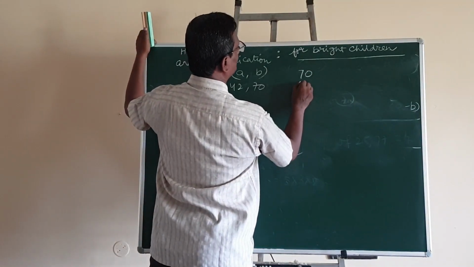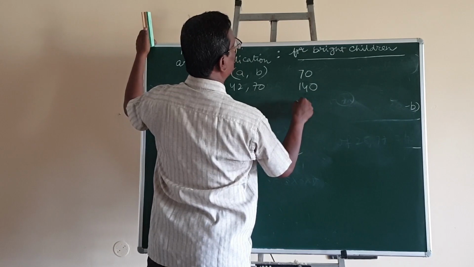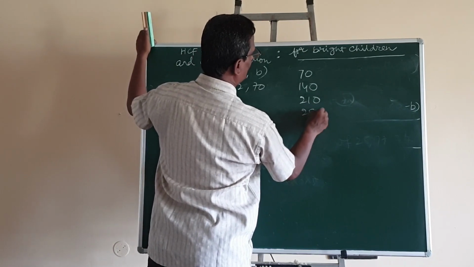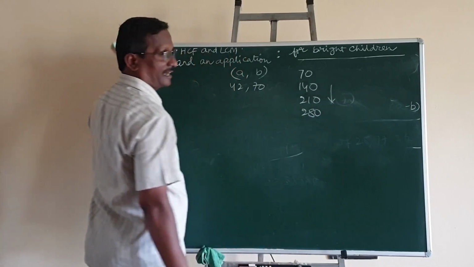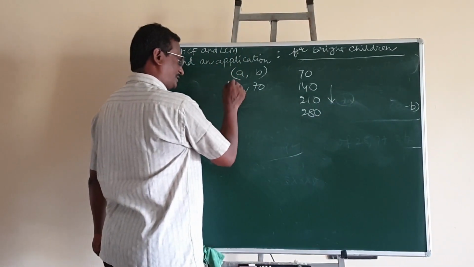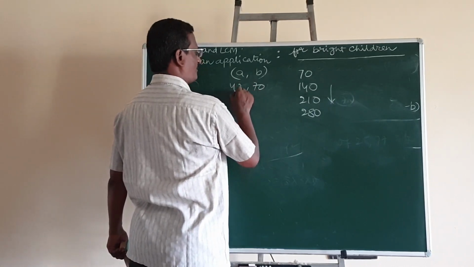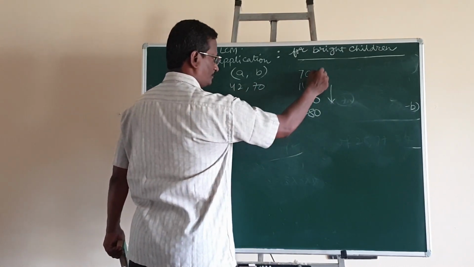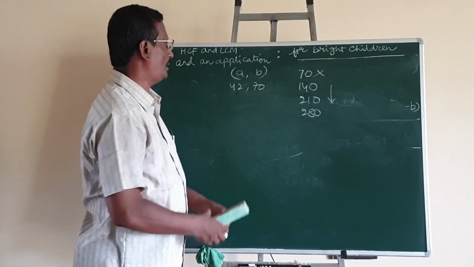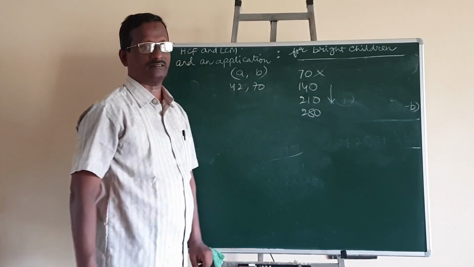The multiples of the bigger number 70: 70 ones are 70, 70 twos are 140, 70 threes are 210, 70 fours are 280. We will write a few multiples. Does 42 divide 70? No, in the multiplication table of 42, 70 does not come. Means 42 does not divide 70.